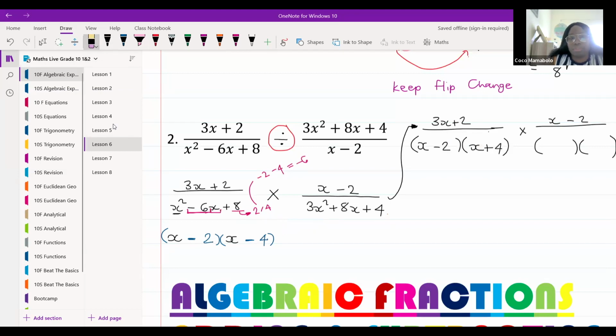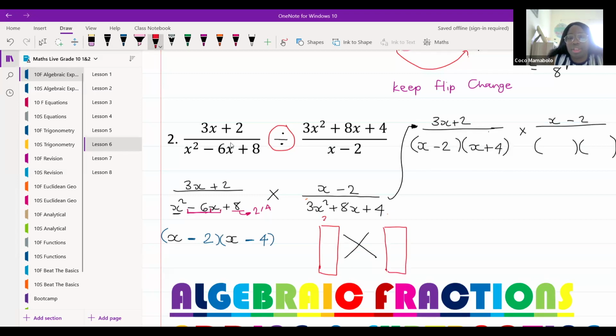Now, when we go to this one over here, I'm going to notice that my coefficient of x squared is not 1. So we're going to have to go back to using the cross method. I'm going to draw a cross, and I'm going to do that part there and this part there.